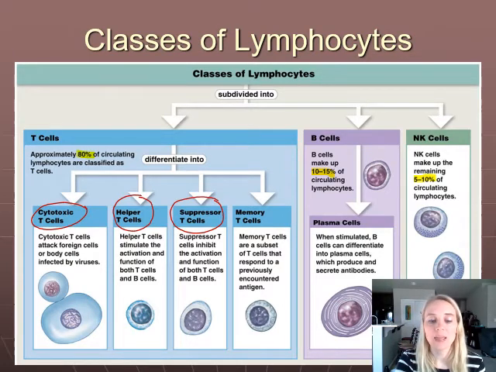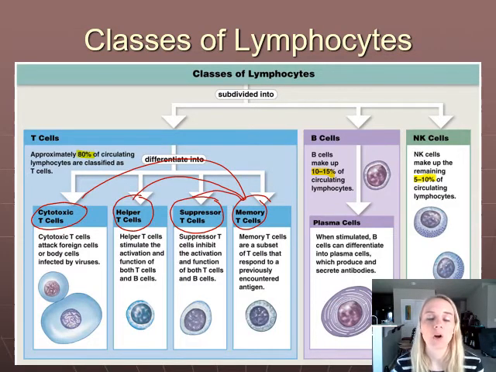Any of these T cells, cytotoxic, helper, and suppressor, have the ability to make a memory cell. A memory cell has the same recognition characteristics, stays hanging out behind the scenes during an infection, and is ready to become active at the next exposure to that particular antigen. Those are the different types of T cells.